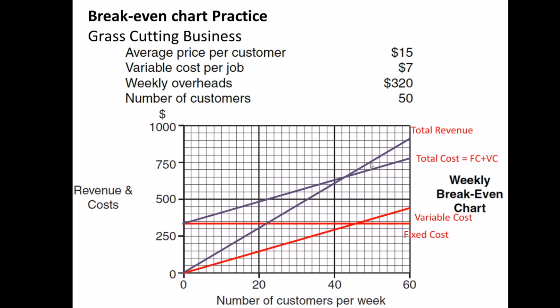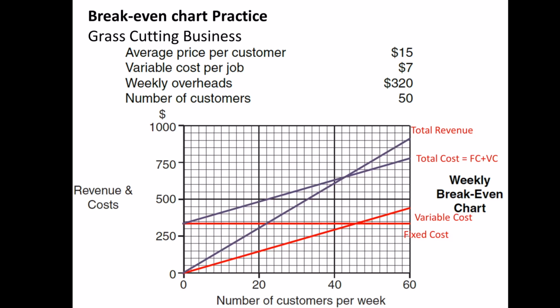And then when you have no customer, then you have 0. So line the 2 points together, then you will find the total revenue curve. And then the break-even point will be somewhere around there. Just like that.